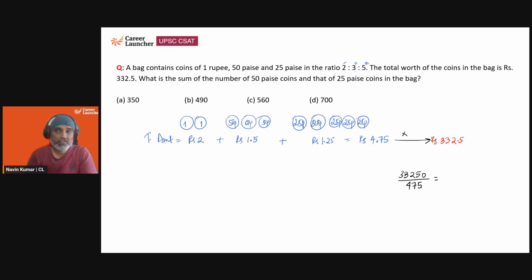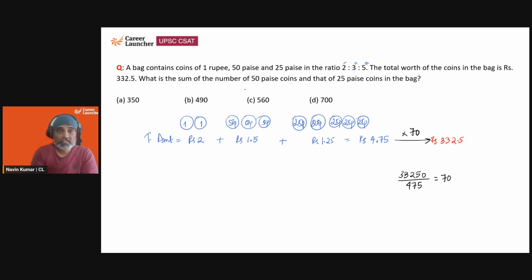So 475 into 5 is approximately 2300, 2400. We need to go another, basically less than 1000, so we can go two more times. So 5 times plus 2 more times is 7 times, and then we have a 0. So it is supposed to be 70 times.